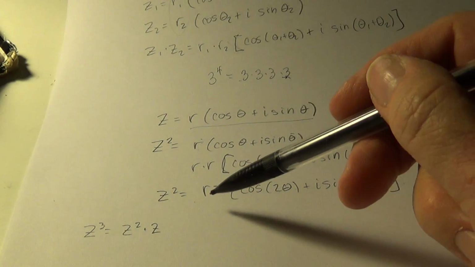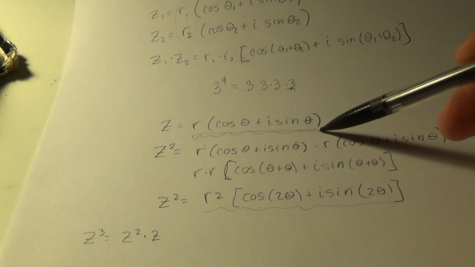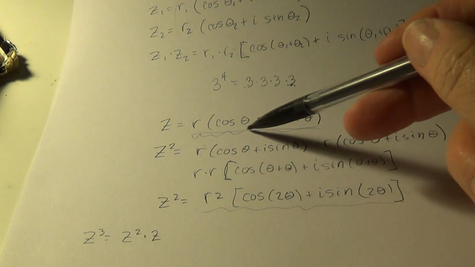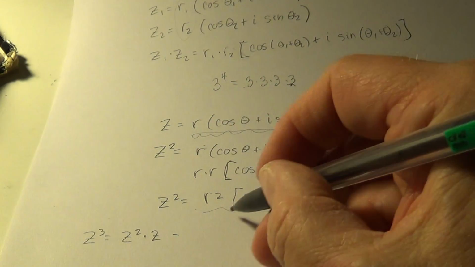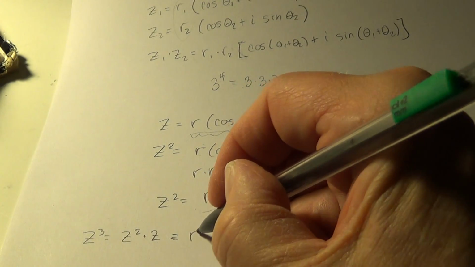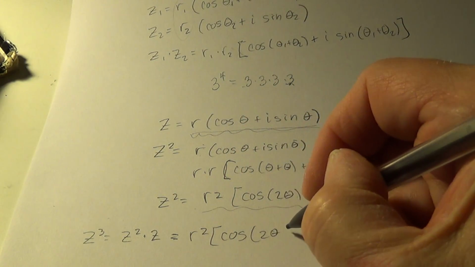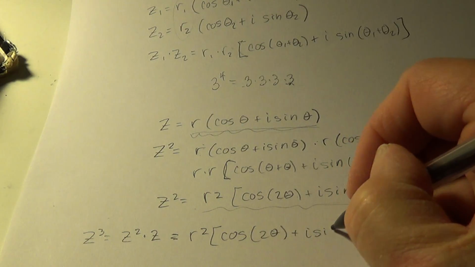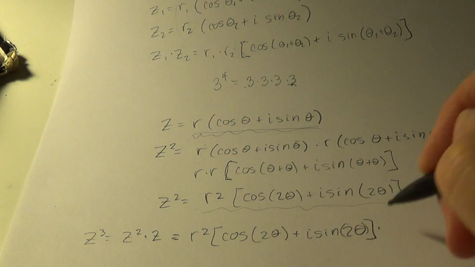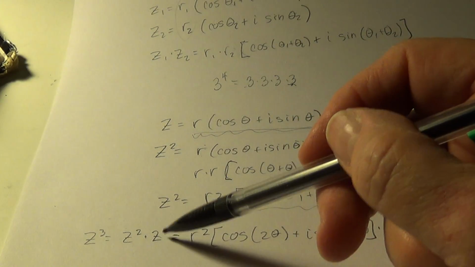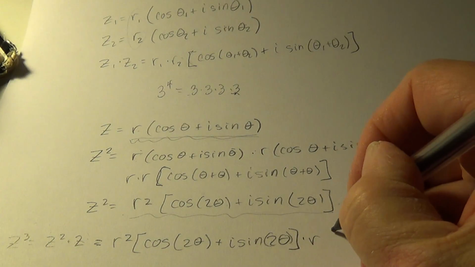We already have z squared right there, and we have z right there. So I'm going to multiply these two together, and it will give us z cubed. So z squared, we just found out, was r squared cosine 2 theta plus i sine 2 theta, times z, which is r cosine theta plus i sine theta.